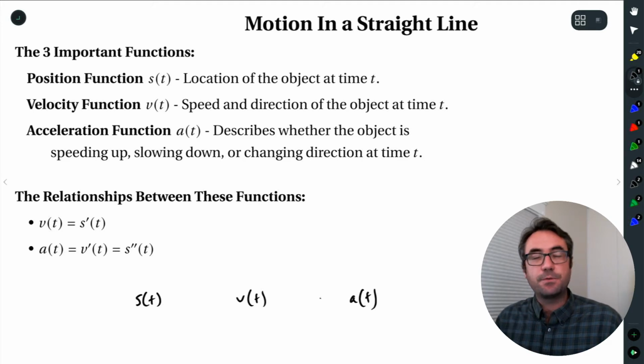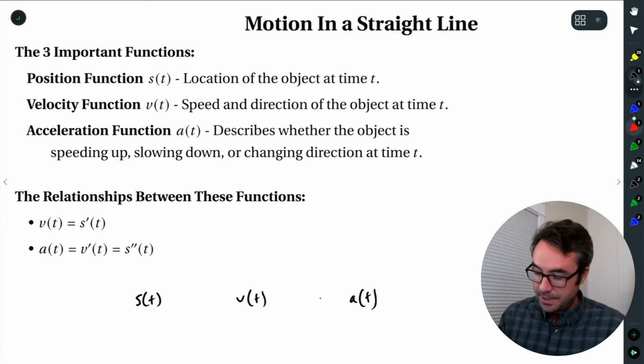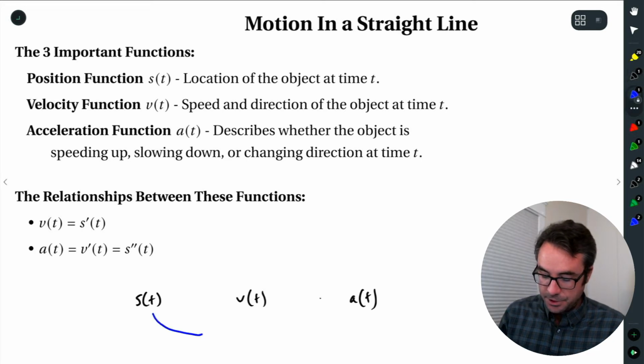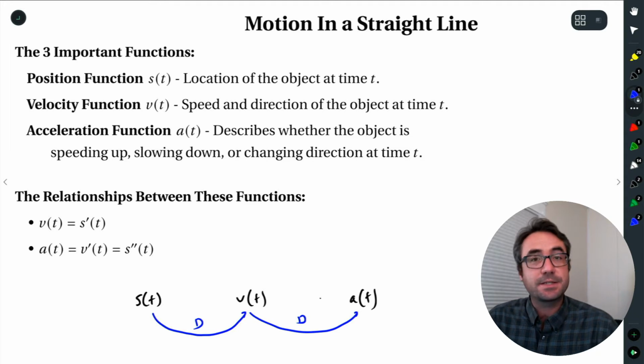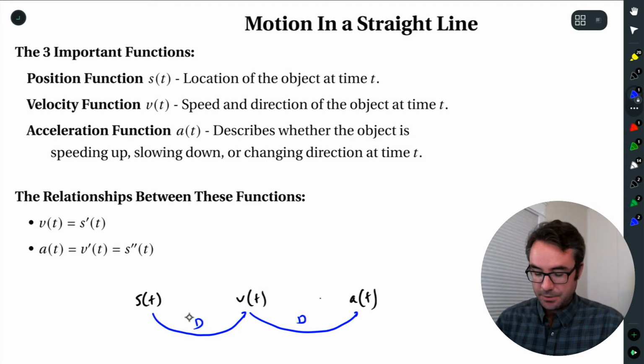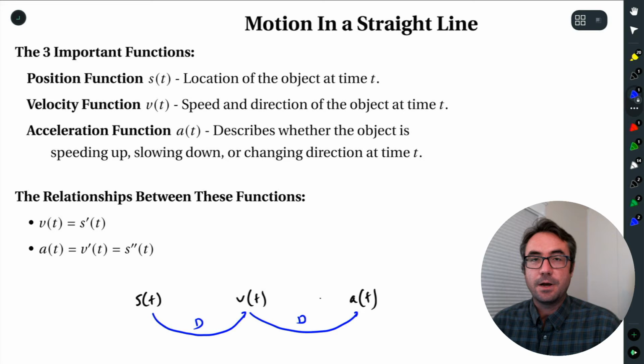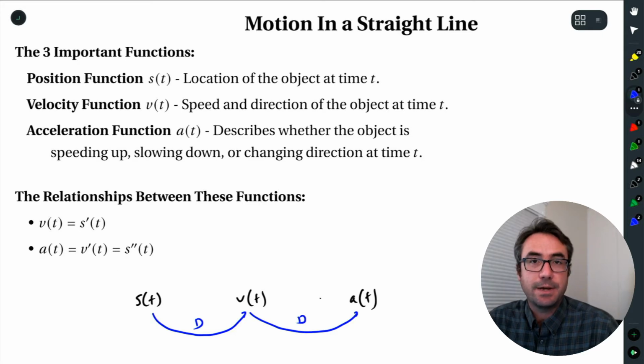If we differentiate the position function, we get our velocity. If we differentiate our velocity function, we get the acceleration function. So if we take the second derivative of our position function, we get the acceleration. Those are how everything's related by derivatives.